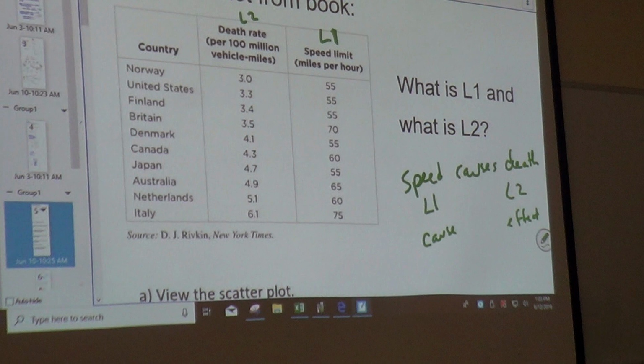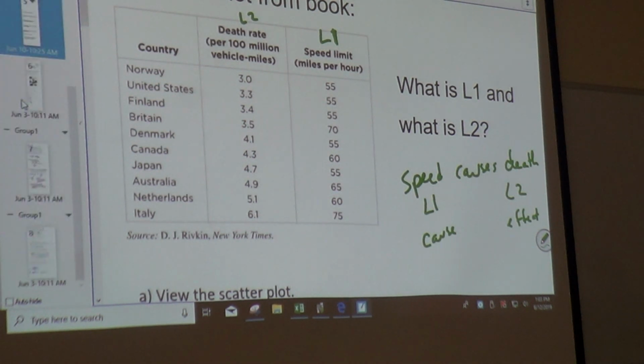So we're going to go to the calculator and do stat edit first. Only do stat edit right now.